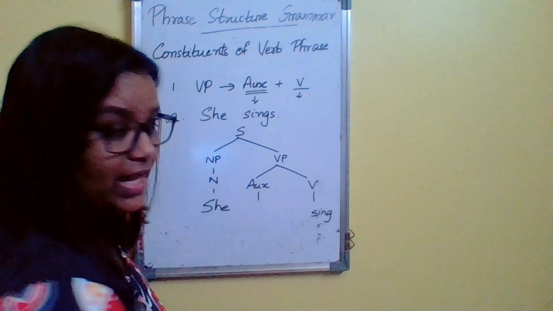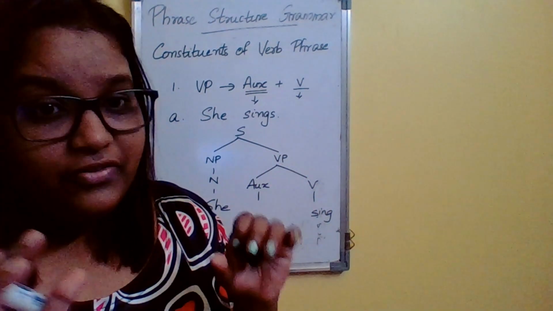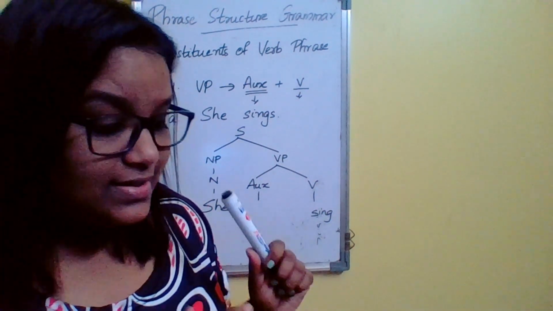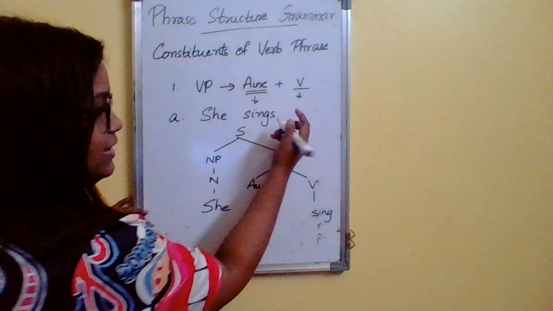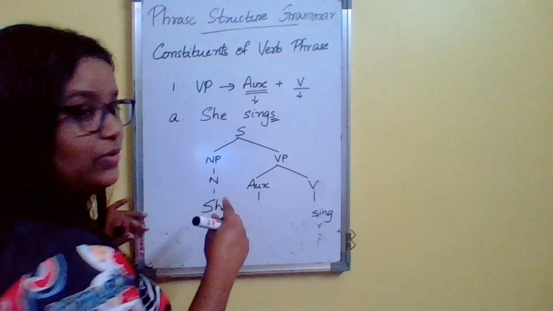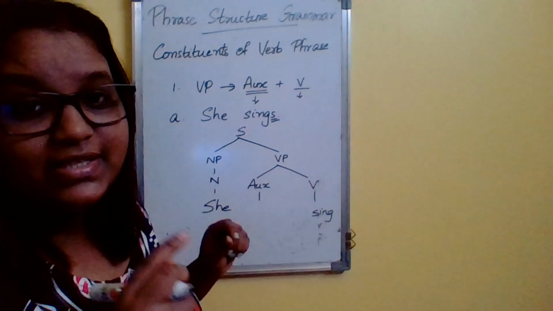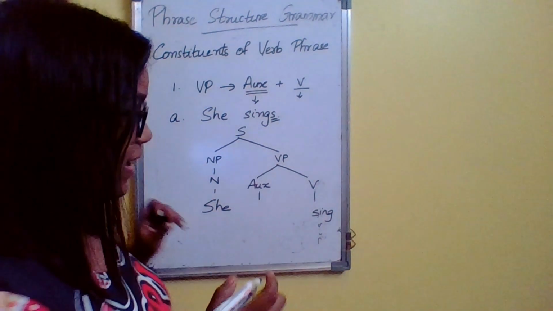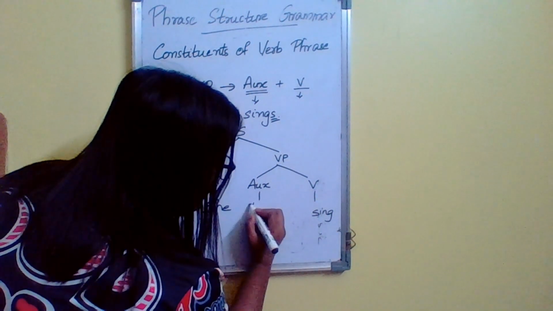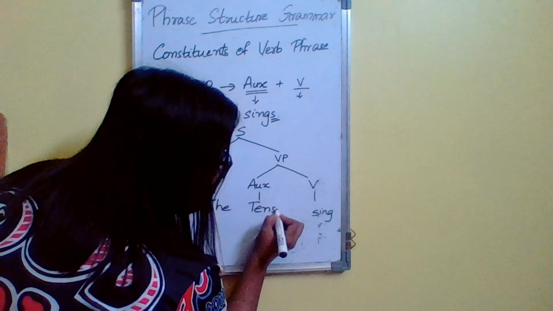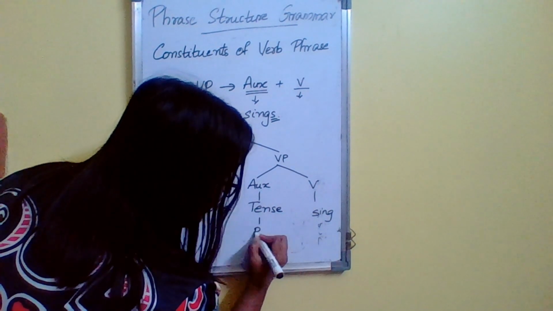We have to write verb in its first form. Okay, sing. And there is sings here. So the S actually means that it is present tense. Okay, so we can say it's tense. Auxiliary is tense, which is present.